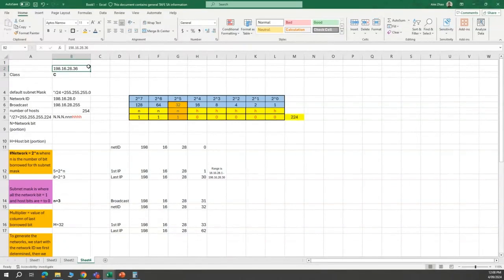Instead of this IP address, I'm going to give you another IP address, and instead of saying we need 5 networks, we're going to say we need 10 networks.